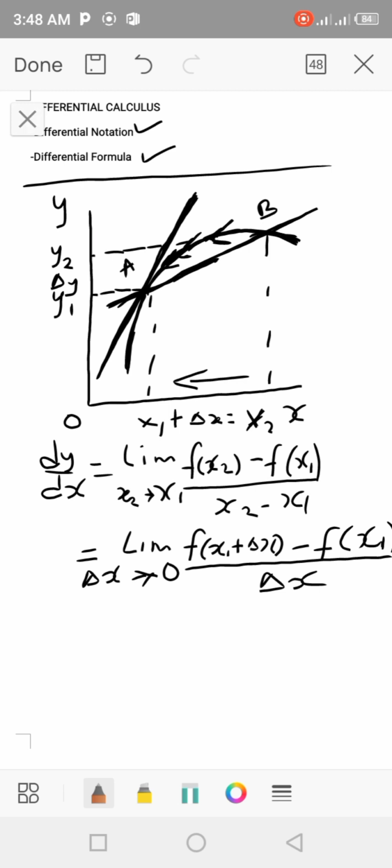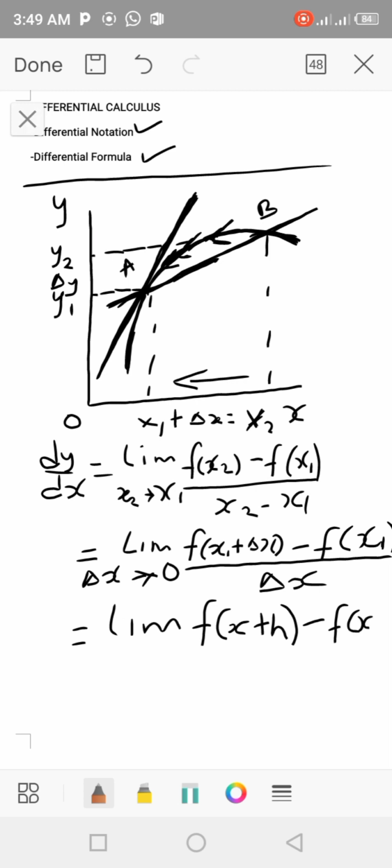So our dy dx can also be expressed as the limit of f of, so at times we don't need to say x1, let's just say x, and then make the difference between x1 and x2 h, minus f of x.